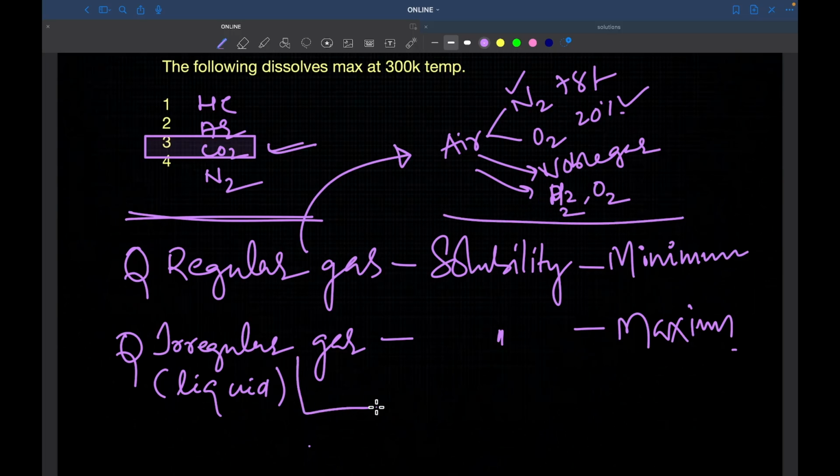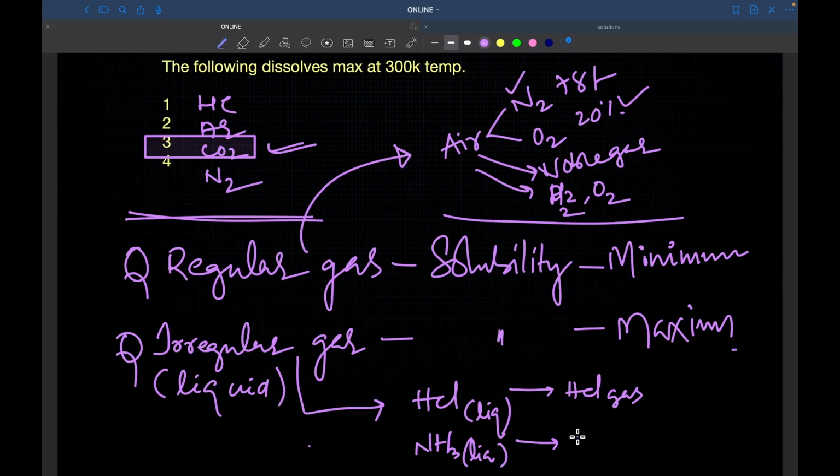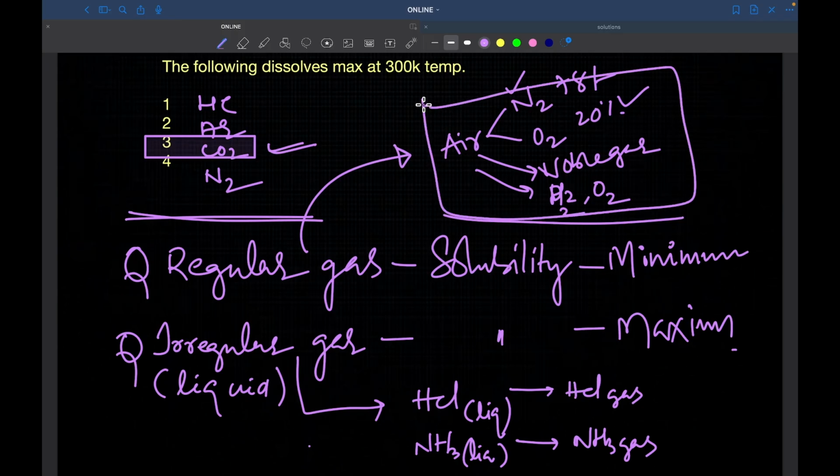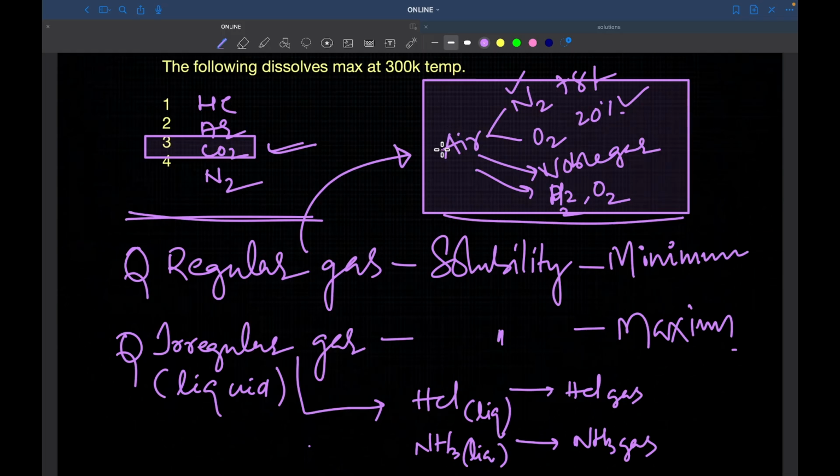But irregular gases, for example HCl. HCl is actually a liquid, but if you heat it, it will convert into a gaseous form. Ammonia is a liquid, but if you heat it a little, it converts to ammonia gas. Regular gases cannot be converted into liquids under normal conditions.